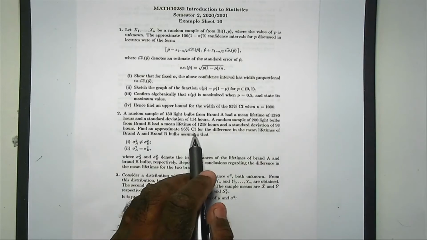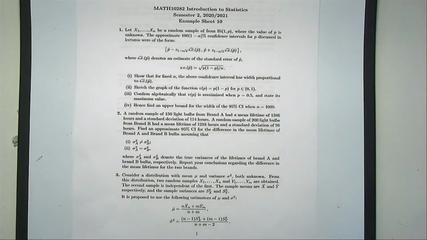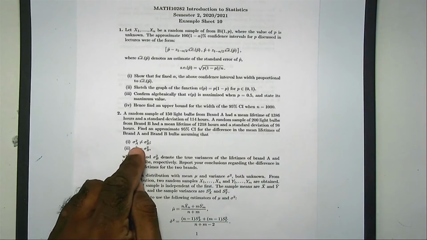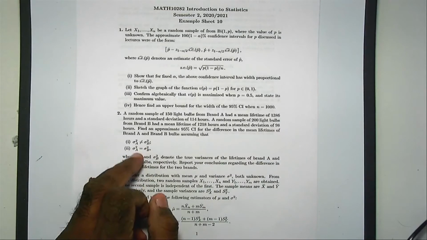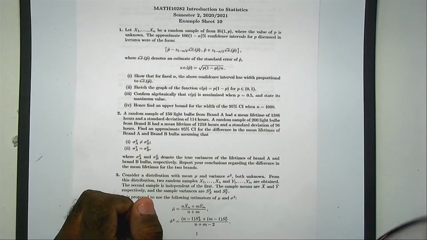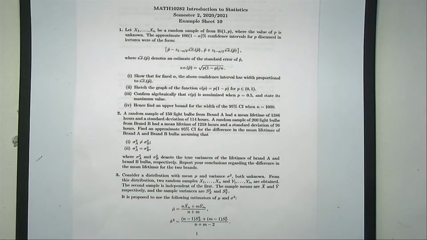And we want to find a 95% confidence interval for the difference in mean lifetimes. So the first part is to assume that the variances are not equal. The second part is to assume that they are equal. Right? Okay. So let's see how we can do this.